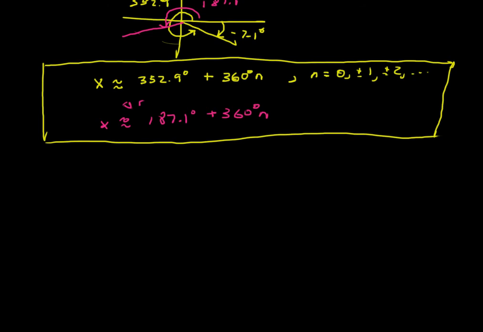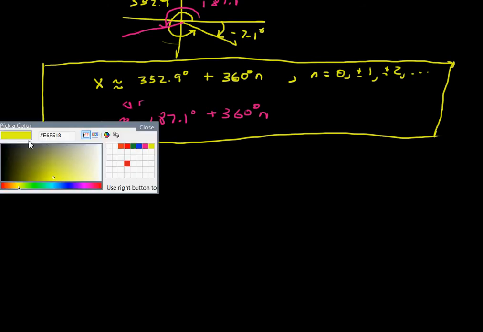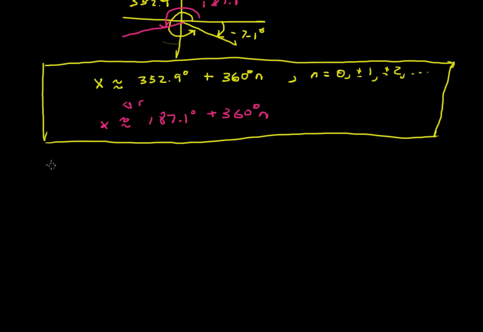Here's a similar problem, but a little different. Let's say I had sine of 3x equals 0.1234, and I want to find all solutions.